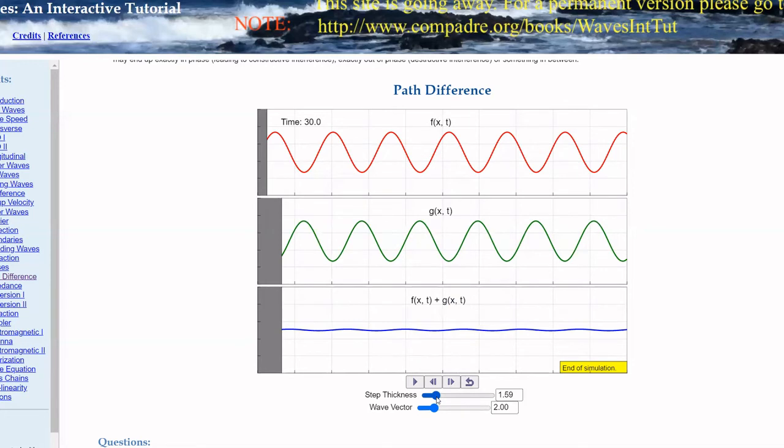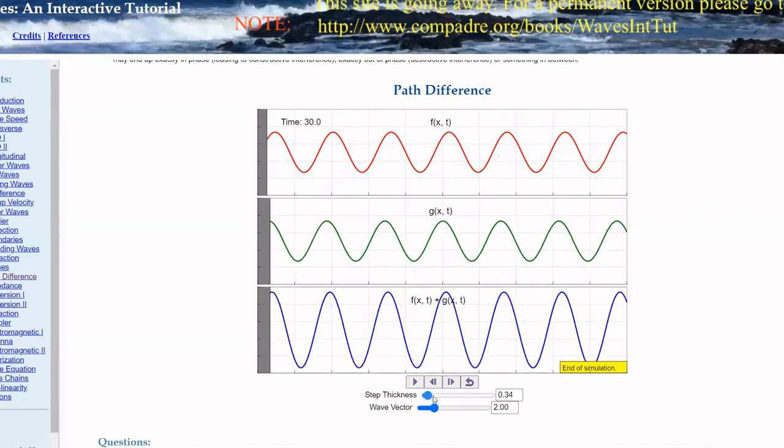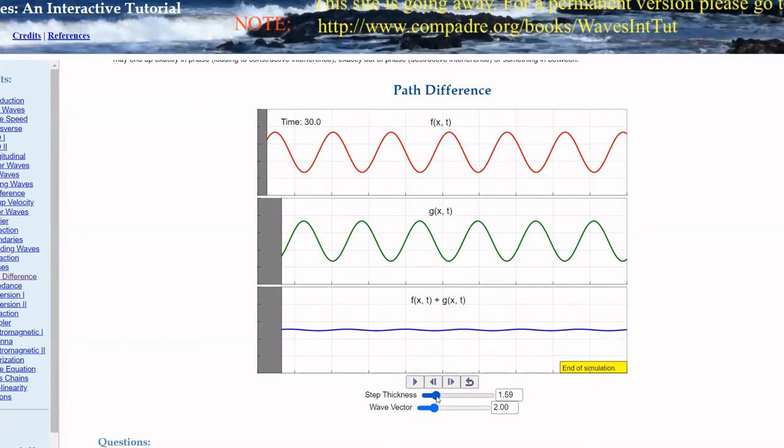In this case, close to 0, but it's possible to have an amplitude of 0. So terminology, again, this would be maximum constructive interference. This would be maximum destructive interference, and in fact, because the amplitude can be made 0, you could even call it perfect destructive interference. That's only possible because the amplitudes of the two waves are the same. If one amplitude is greater, then there's no way for them to perfectly interfere destructively.